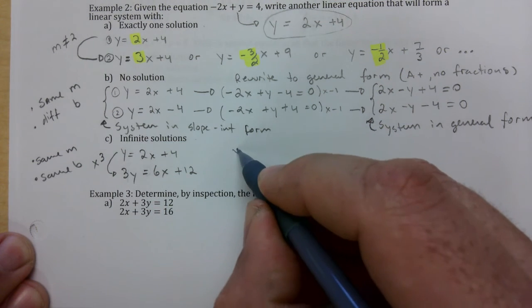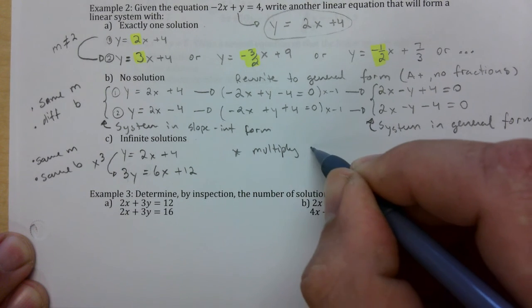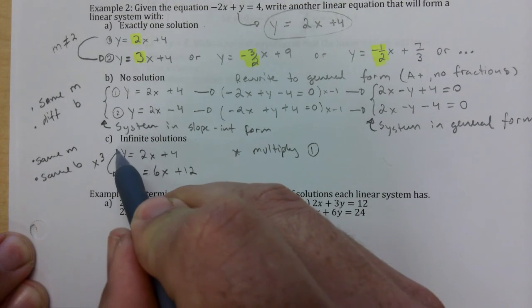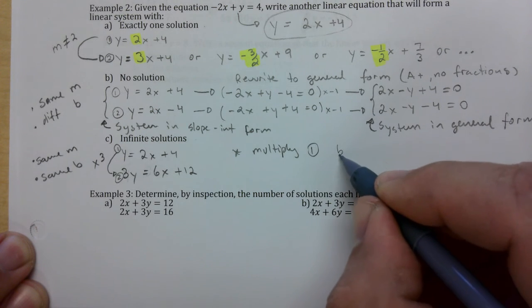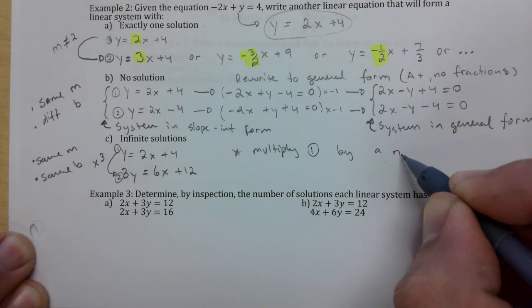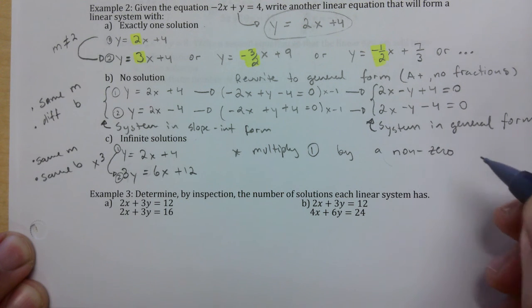So basically we'll say multiply the first, so this is our first equation here, and this is our second, right? Multiply the first by a non-zero integer.